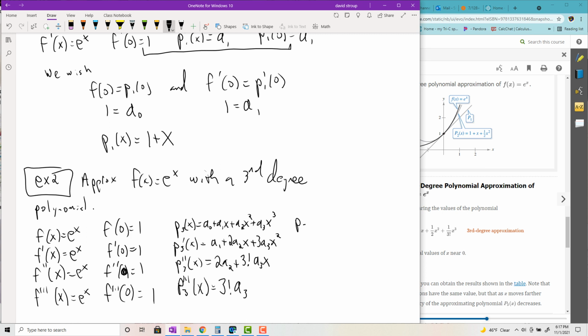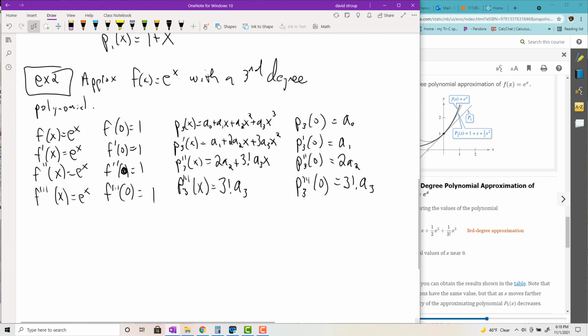And then evaluate all these at 0. So the first is a sub 0, the second a sub 1, the next 2a sub 2. I'm just plugging in 0 wherever I see x in the polynomial. P sub 3, the third derivative will just be 3 factorial a sub 3.